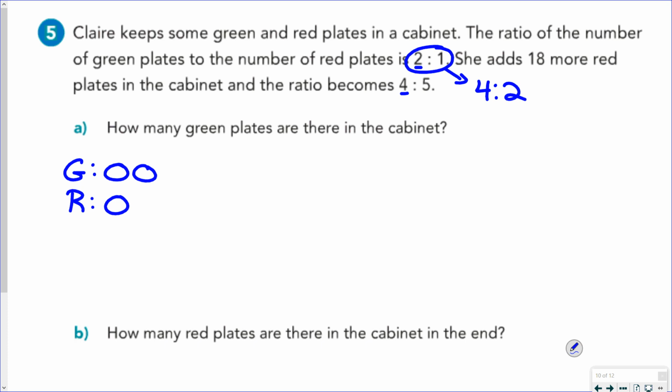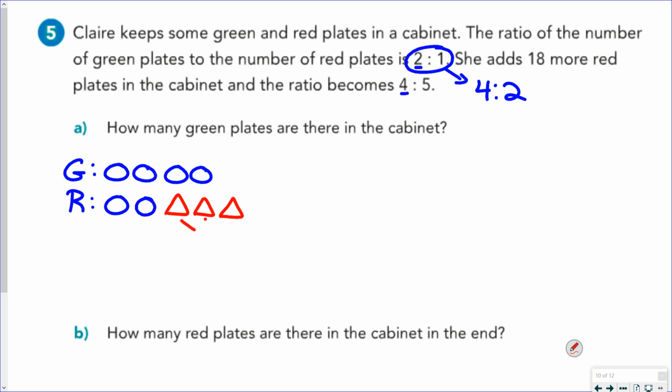So I'm going to come down to my picture and make that adjustment. She adds 18 more red plates and the ratio becomes 4 to 5. Well, in order for it to become 4 to 5, I need to put 3 more on. And again, I want to do something different, so maybe make it a different shape, a different color, something to make it stand out.